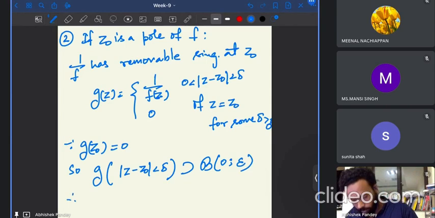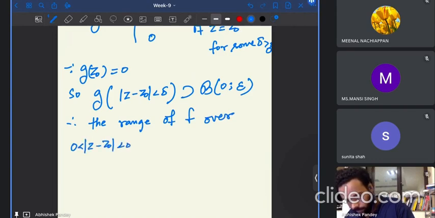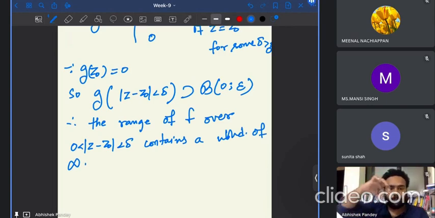Therefore the range of f over this set, mod z minus z naught less than delta, contains a neighborhood of infinity, because g is basically 1 upon f(z). So g contains a neighborhood of origin, and 1 upon g, which is f, will contain a neighborhood of infinity.